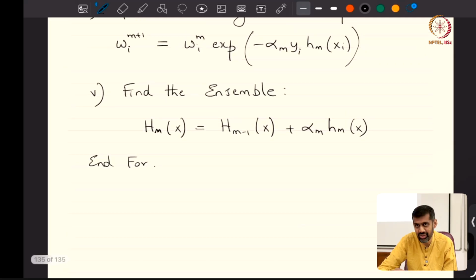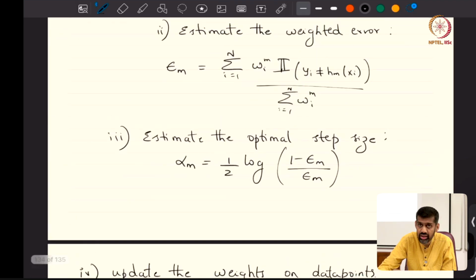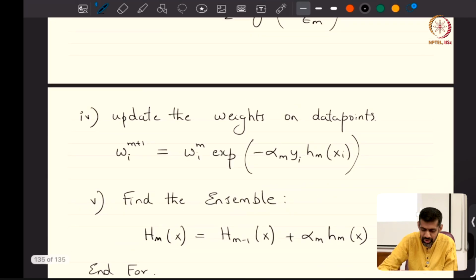Exactly. We will ensure that it will happen that way, because when you normalize you will ensure that it sums to 1. But in the formula it's redundant to write the summation of W for weighted error. Of course, I agree.